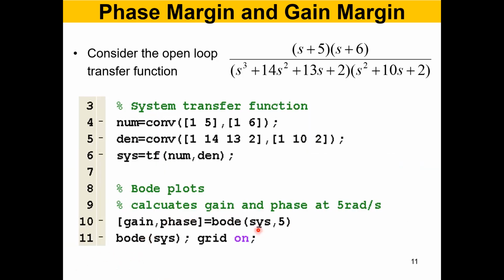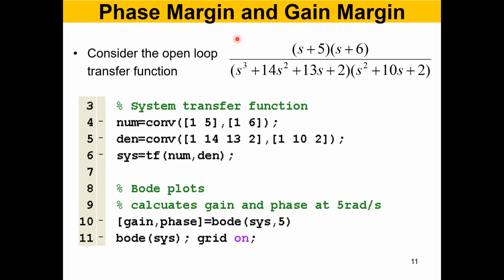But if you launch it like this, not a single argument, but two arguments with a number here, which means you ask to draw Bode plots and also to calculate gain and phase at 5 radians per second. Now this command will calculate the gain and the phase for a 5 radians per second signal.